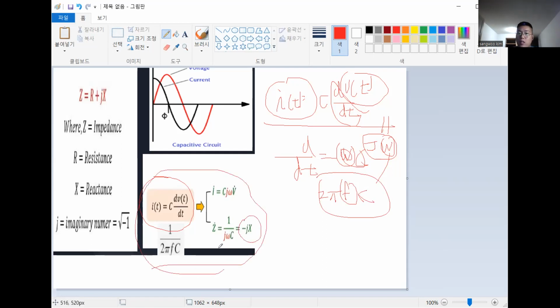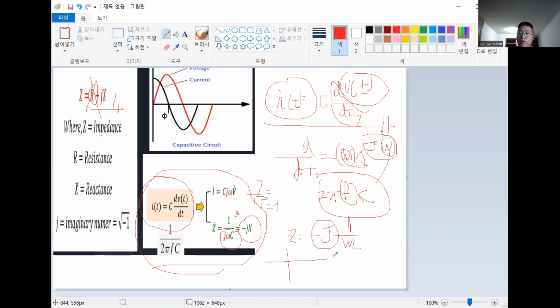And as you can see here, impedance is made of R plus reactance, right? But in this case, there isn't an R. If we multiply j and j, jj is -1, which means impedance is minus j over ωC, 1/(jωC).